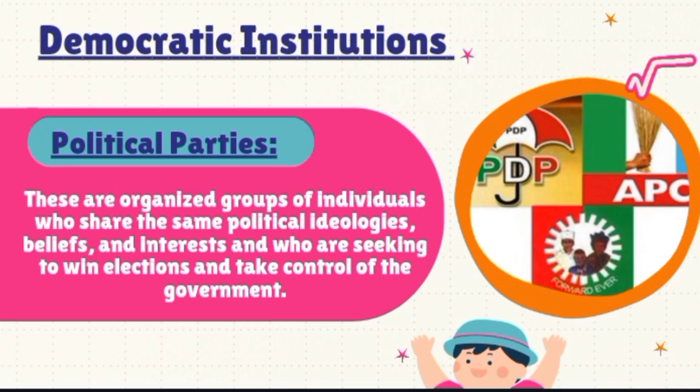Examples of political parties in Nigeria are the People's Democratic Party (PDP), All Progressive Congress (APC), All Progressives Grand Alliance, that's APGA, the All Nigeria Peoples Party (ANPP), and the Labour Party (LP), etc. These are some of the political parties in Nigeria.